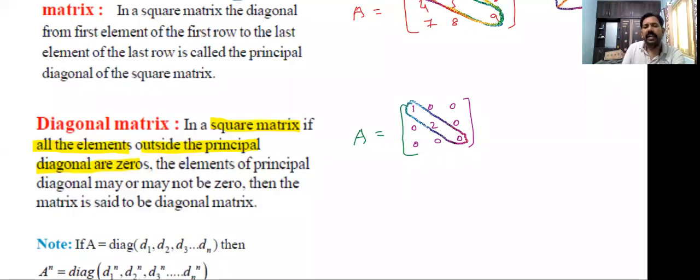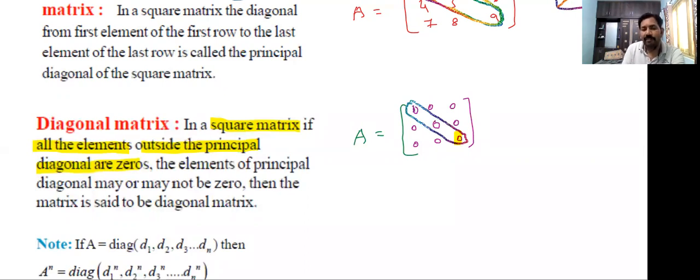Diagonal matrix. So here already we have taken zero, no problem. At least one of the elements in the principal diagonal need not be nonzero. So we can take 0 in place of 2. So this is a diagonal matrix only. If in place of 1 you take 0, then this is a null matrix.